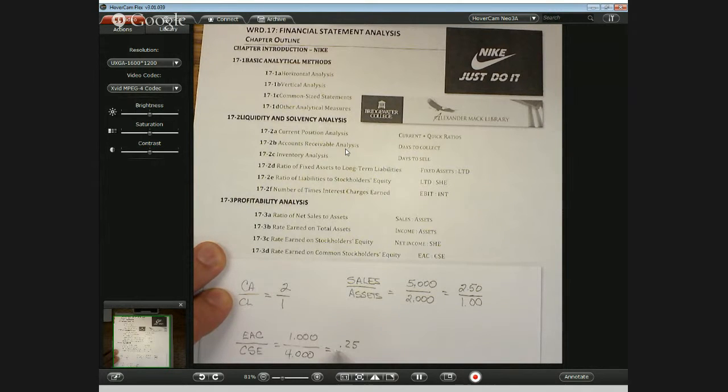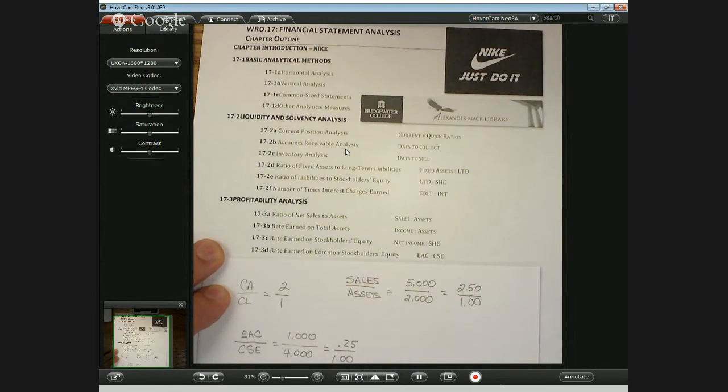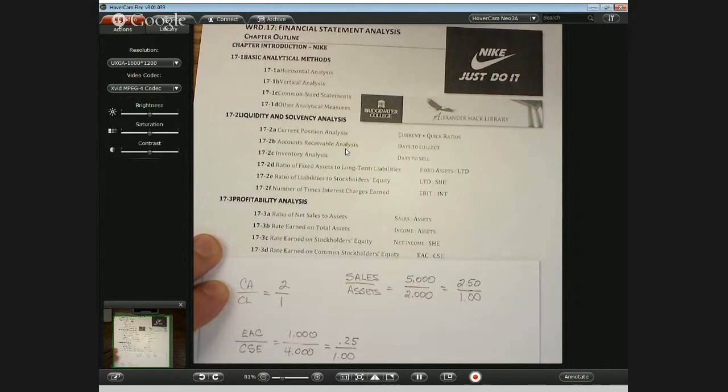To interpret that, you would put what is in the numerator, earnings available for common, and divide it by what is in the denominator, common shareholders' equity. In this case, for every dollar that the owners can claim on the company has earned for them 25%.